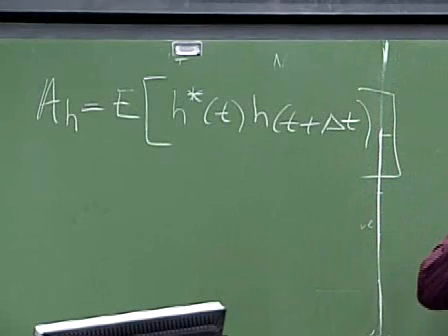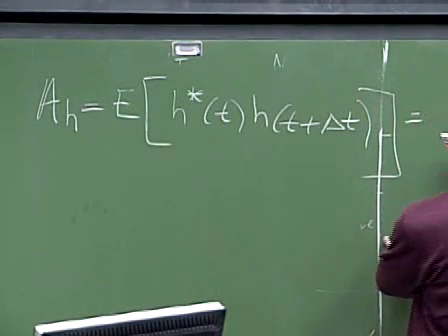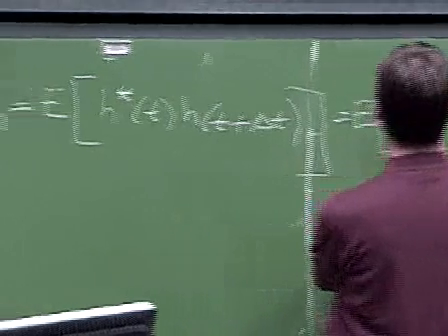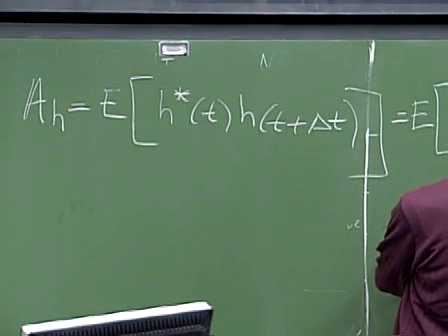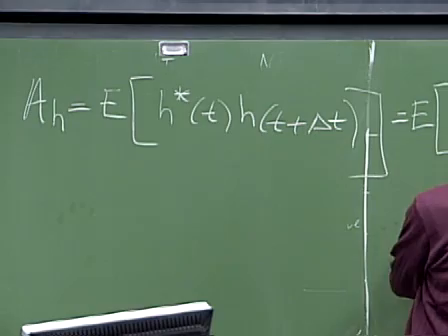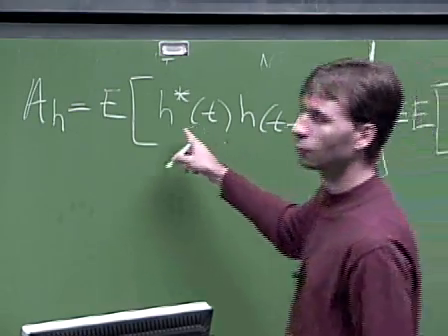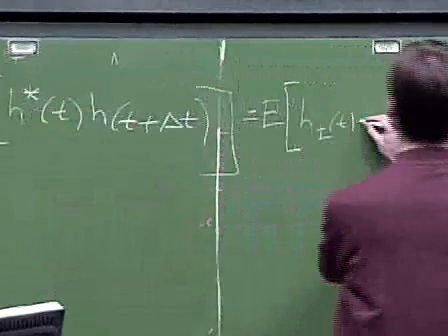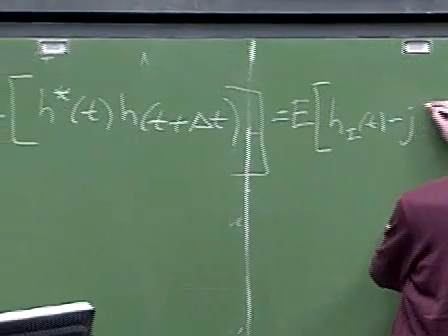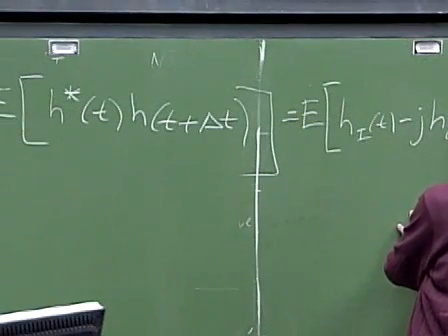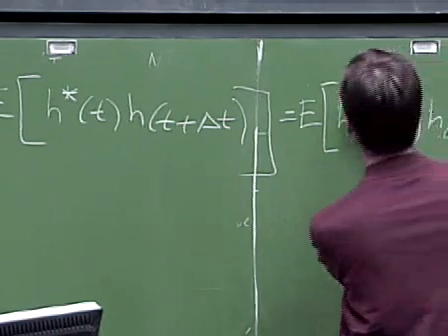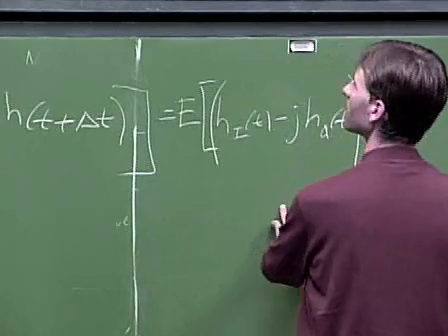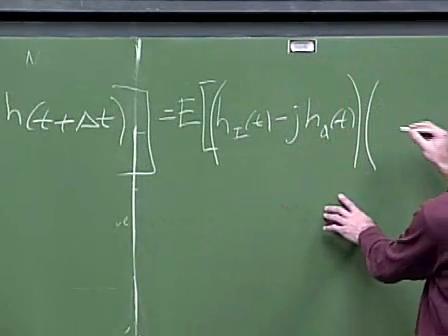Okay? Now, we can write this as the expected value of the in-phase component. So H is equal to the in-phase plus j times the quadrature. Since I'm conjugating, I'm going to put here minus j times H quadrature. Okay, so that's the first term. And now I'm going to multiply that by H of t plus delta t.